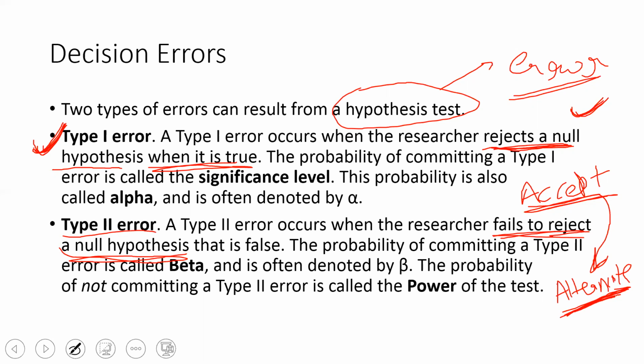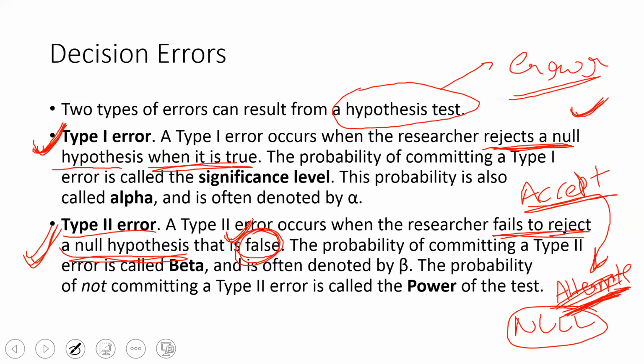No. Type 2 occurs when we fail to reject. So that means it is accepting a null hypothesis, but it is false. We are accepting the null hypothesis even though it is false. So this is known as a type 2 error.